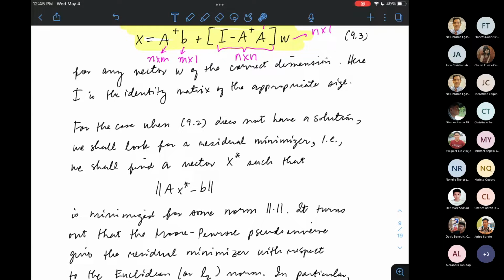All right? And this is reliant on your choice of the norm. Okay? Kapag ang pinili mong norm ay L2 norm, the Moore-Penrose Pseudoinverse can give us the solution. All right? So kaya nating makuha yung minimizer ng residual na to kung ang gagamitin natin ay L2 norm. Right? At ang pagko-compute nun, kaya nating gamitin yung Moore-Penrose Pseudoinverse.